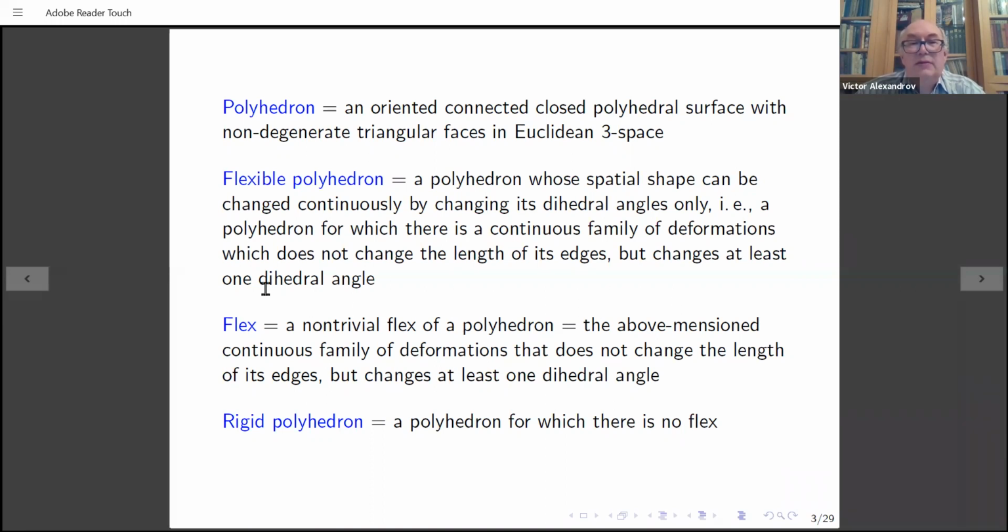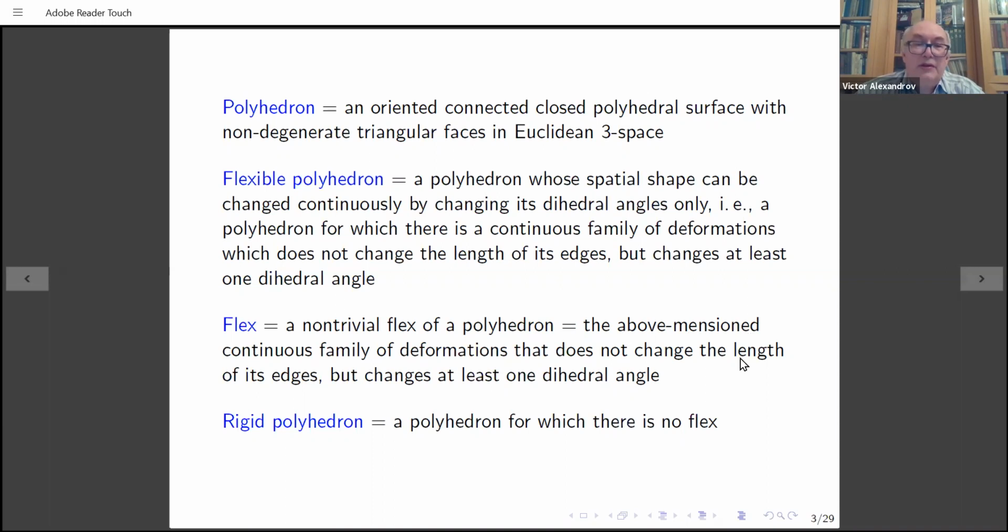Trivial flexes do not change any dihedral angle at all, and a non-trivial flex preserves the shapes of every face, but changes at least one dihedral angle.